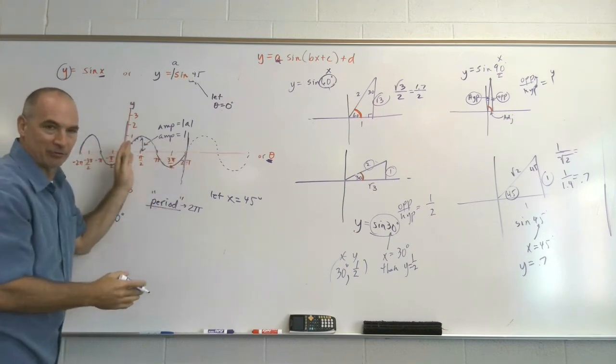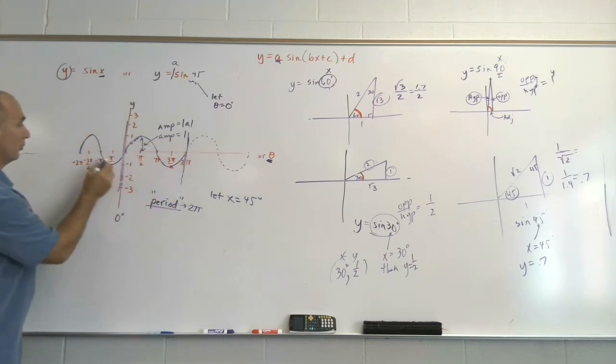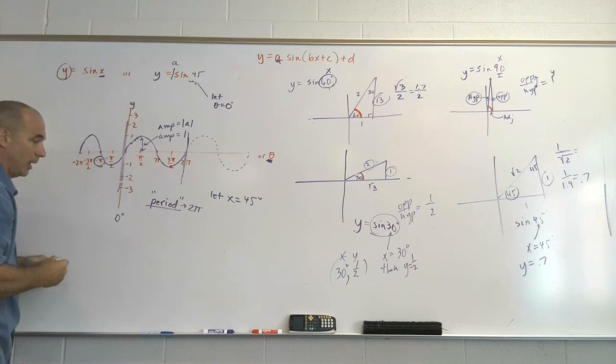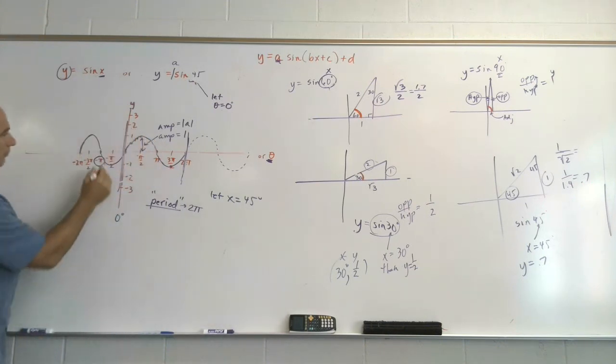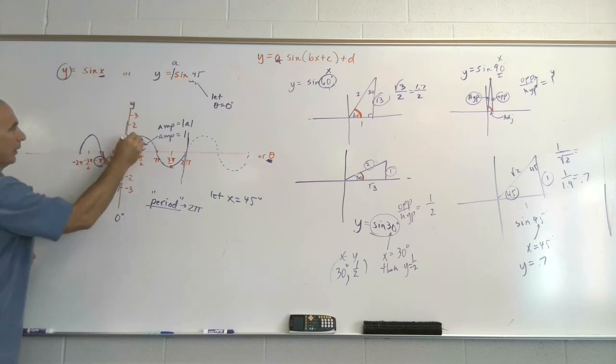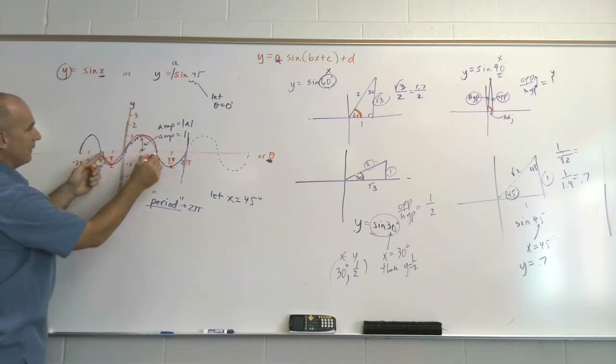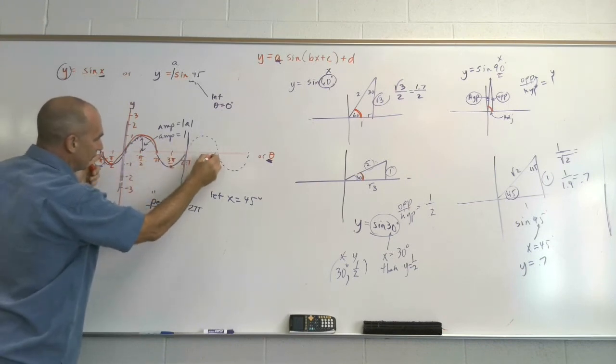Now, I'm not going to mess this drawing up anymore, but what if a student would have started here? Well, that's at negative pi. And then their drawing, I'm going to go ahead and get a different color. I'm going to make it red. They would have thought, okay, from here to here to here, it completes a cycle, and then it repeats the cycle from here to here.